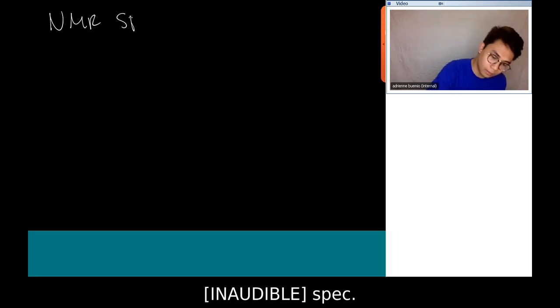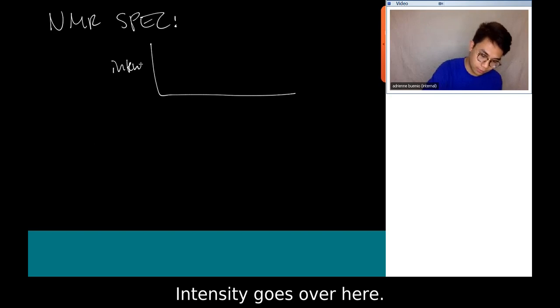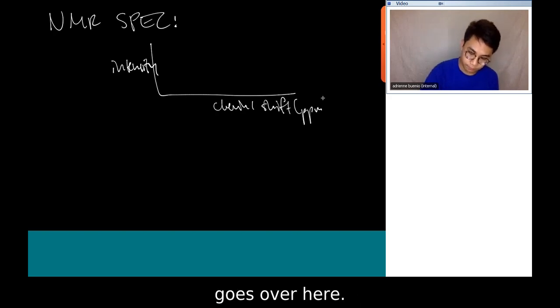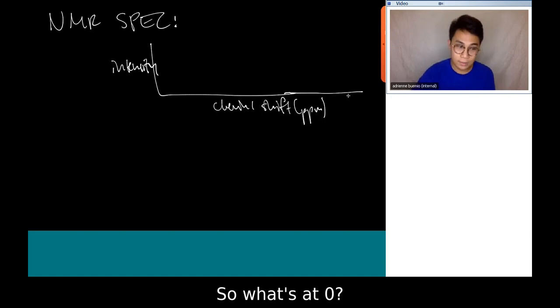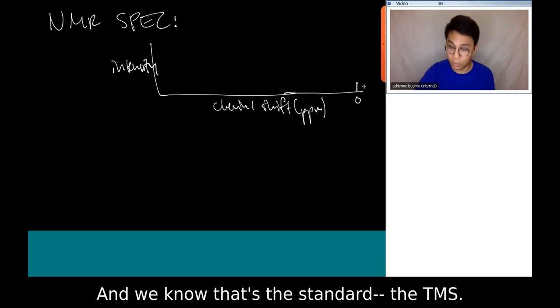Okay, so now the good stuff. NMR spectrum. So we have the graph, right? Intensity goes over here, and chemical shift, which is the ppm, goes over here. So what's at zero? We always have one here at zero, and we know that's the standard, the TMS.